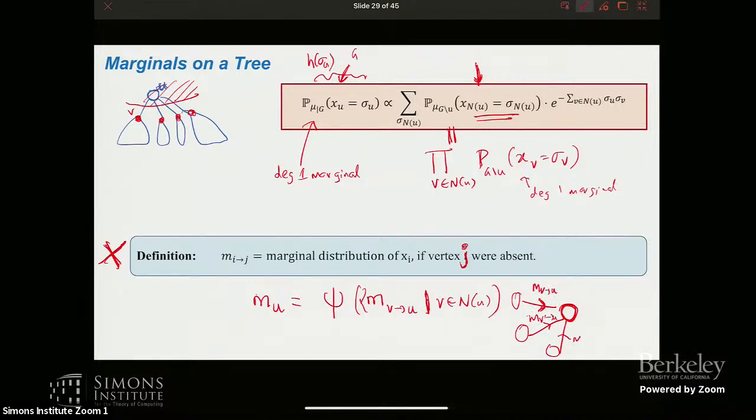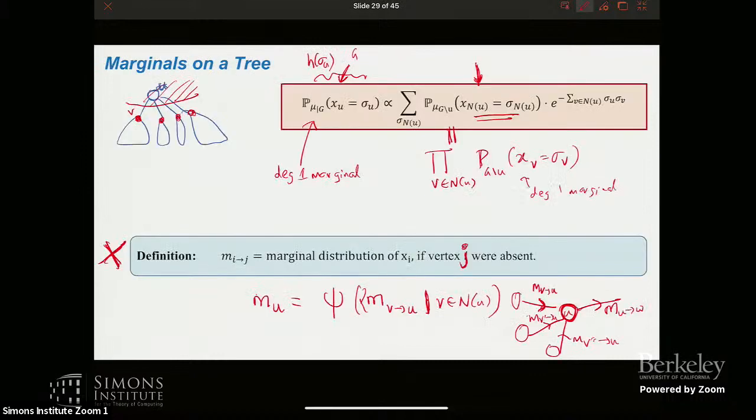So you have marginals coming in at every vertex. And what does this vertex do? It applies this function on them, and that becomes its marginal. If you think of a tree as having a root, the outgoing message from this vertex u to its parent w is a function of the incoming messages. So you say m_{u→w} is actually this function of these incoming messages.